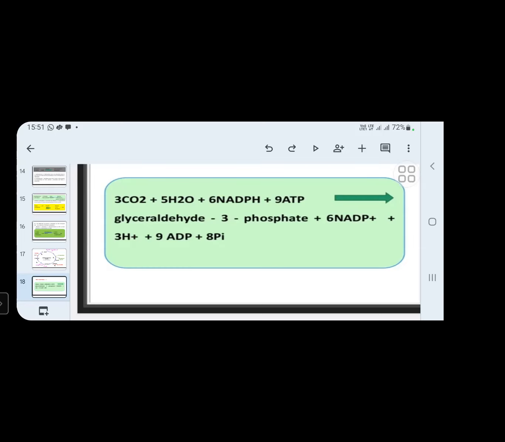The cyclic pathway that uses phosphoglyceric acid, a C3 compound, forms the other sugar phosphates and regenerates the RUBP. All this is collectively known as the Calvin cycle, also the Melvin cycle, and in some ways the Calvin-Benson cycle. It consists of the carboxylation phase, reduction phase, and regeneration phase.